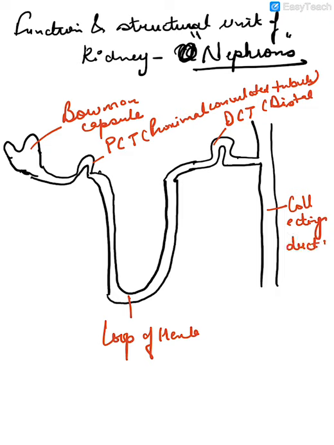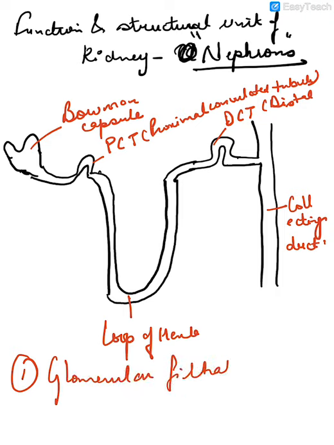Now, the mechanism of urine formation takes place in 3 steps. First of all is the glomerular filtration. The glomerular filtration takes place inside the Bowman capsule. Inside the Bowman capsule, there are tuft capillaries which are known as glomerulus.